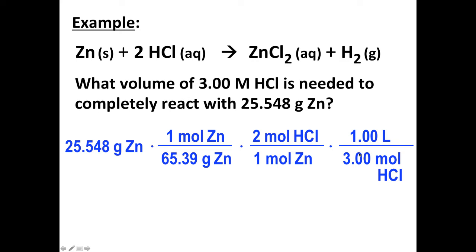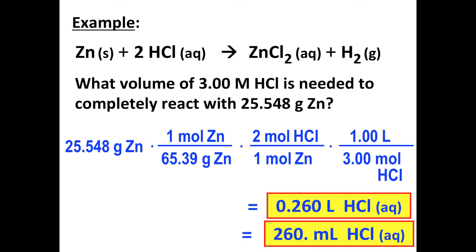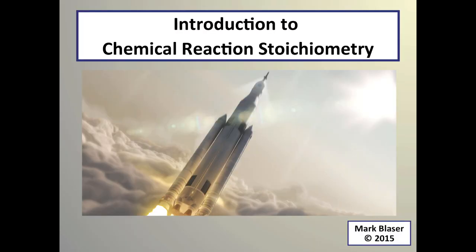And we know that there's 3 moles of HCl in 1 liter of solution. And so we string the calculations one after another. Grams of zinc cancels, moles of zinc cancels, moles of HCl cancels, leaves us with liters of HCl solution, or if you prefer it in milliliters, 260 milliliters of HCl solution. And that's it for this screencast.